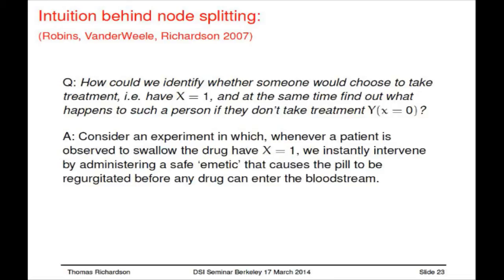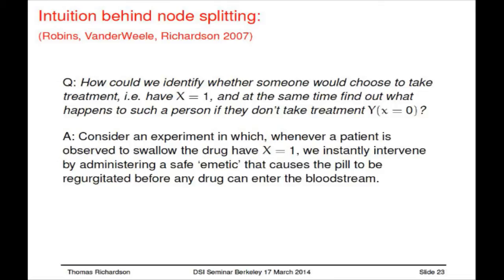Basically, we get the NSA data feed and carefully monitor the behavior of the patient, and just at the moment where the patient is observed to swallow the drug, so that we know they would definitely be one of the people taking the drug, Jazz just swallowed it, we've seen that from his webcam, we instantly intervene and administer a safe emetic that causes the pill to be regurgitated before any drug can enter the bloodstream.